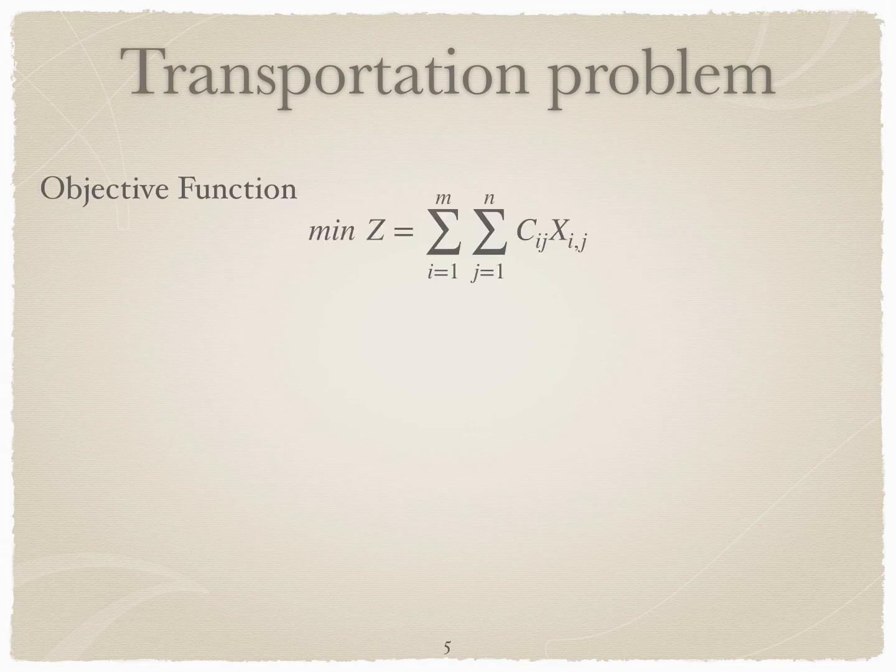In any linear model or any other optimization problem, there is an objective function. So here in this case, objective function is the minimization of total transportation cost.